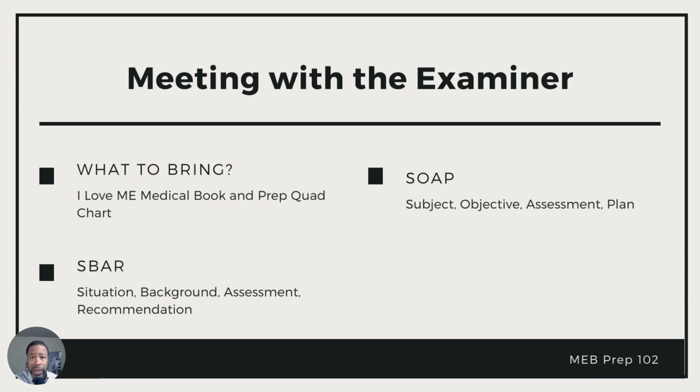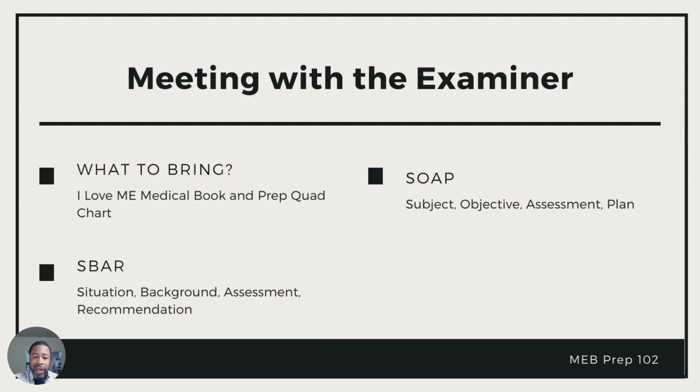You are there to be examined. They're going to ask you for the background. What happened? Prepare that part of the story. The assessment is, well, this is what the doctor's assessment was. He believed that my knee was bad. And so therefore their recommendation was to send me to a specialist to get my knee looked at.